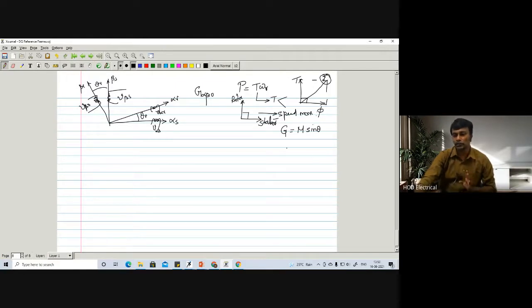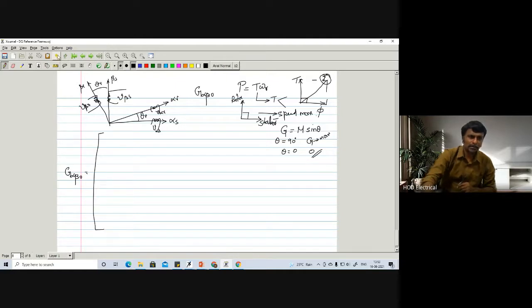Whenever theta is equal to 90 degrees, we will have the maximum value of the speed EMF term. Whenever theta equals 0 degrees, the speed EMF term will be 0, it will not be there. So this way we have to write this equation. G alpha beta naught can be written, let me take it in this way.